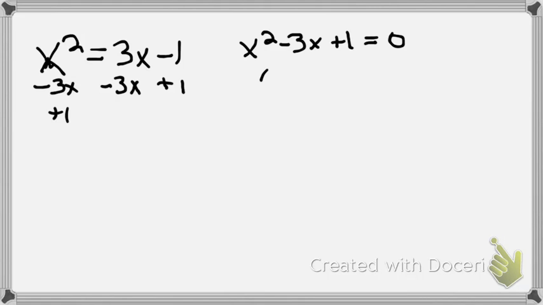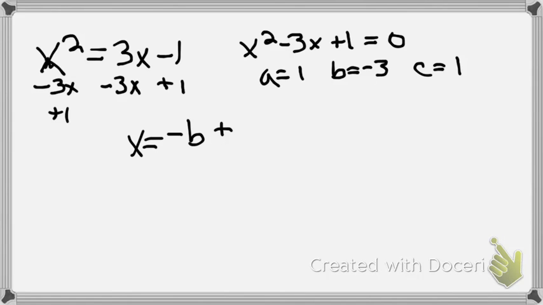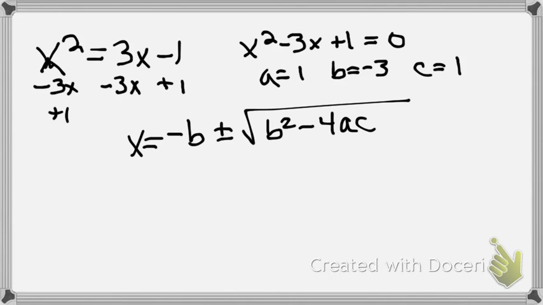What's A? B? C? All right, so x equals minus b plus or minus the square root of b squared minus 4ac all over 2a. Let's plug in. Minus b would turn into what out front? Positive 3.